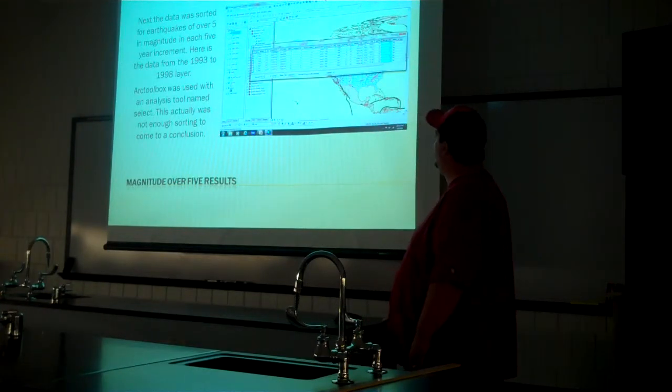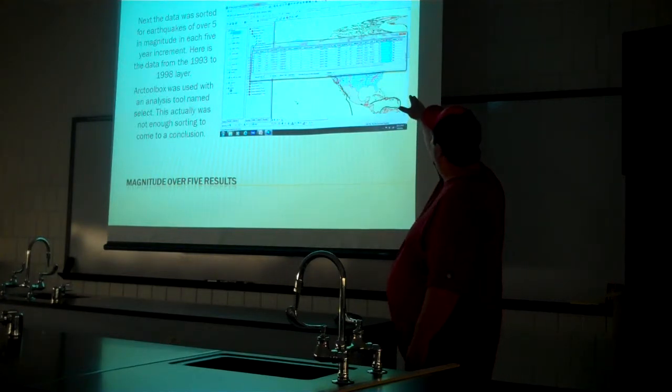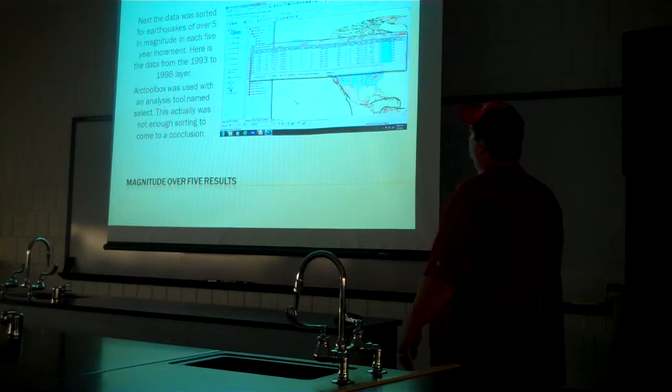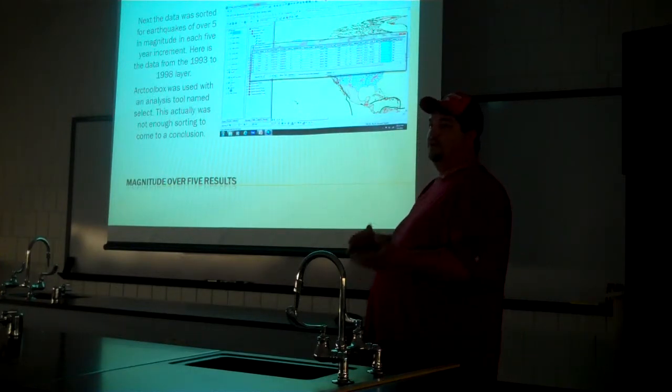Then I went through, and it's kind of hard to see on the snapshot here, but I sorted by the attribute named magnitude. I went through and changed everything, and I decided I'd go magnitude 5 and higher.